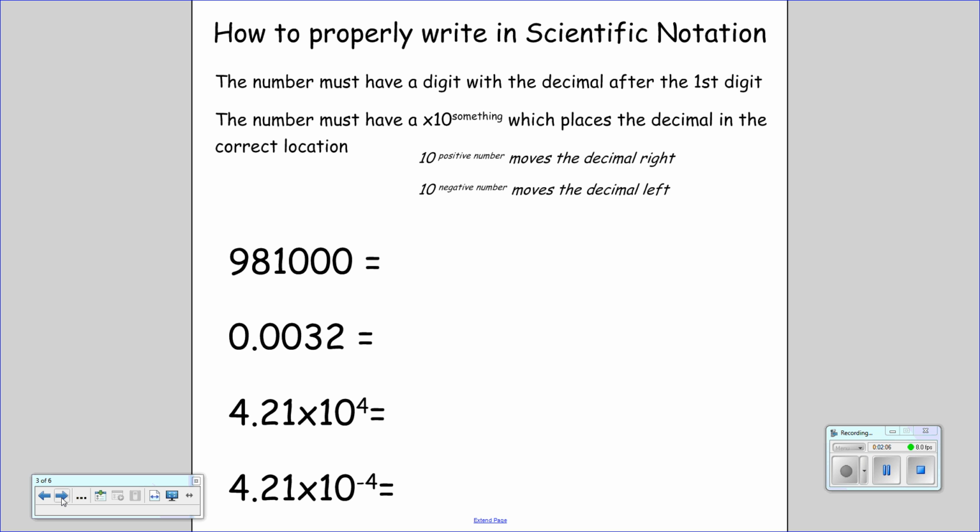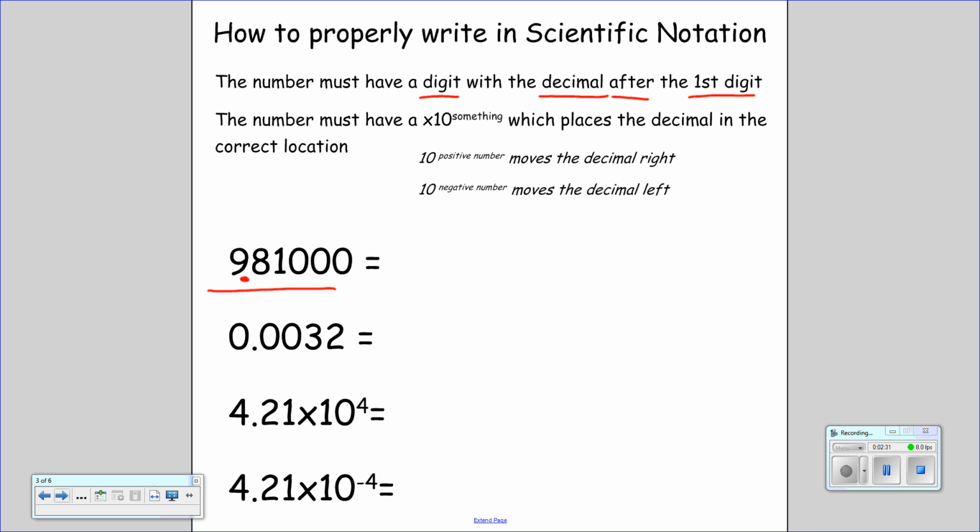All right, now how to properly write in scientific notation. There are two parts to scientific notation. There's the digit. You must put the decimal place after the first non-zero digit. So if I'm looking at this first one down here, put a decimal place after the first non-zero digit. That's right there.